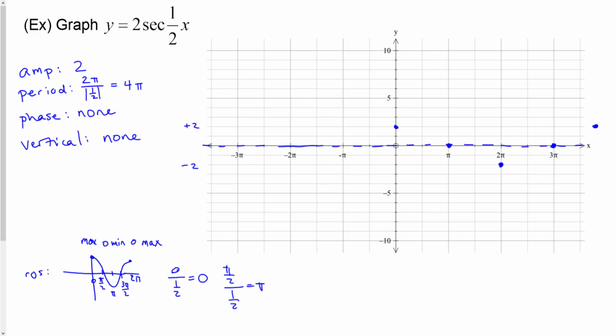If you take pi divided by 1/2, that's going to be 2 pi. 3 pi over 2 would be 3 pi. So basically, now your maximum occurs at 0. This next 0 point occurs at pi. Your minimum, 2 pi, and so forth. So that's kind of the logic that I'm using here. And I'm going to go ahead and fill in, going the other direction as well.